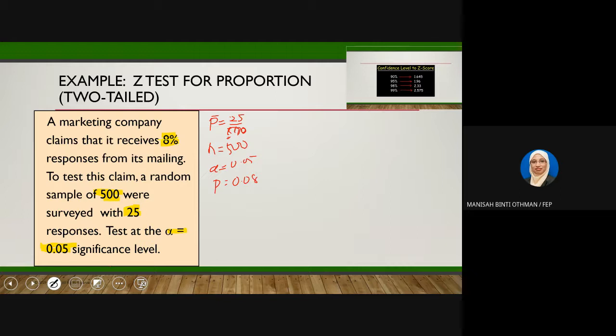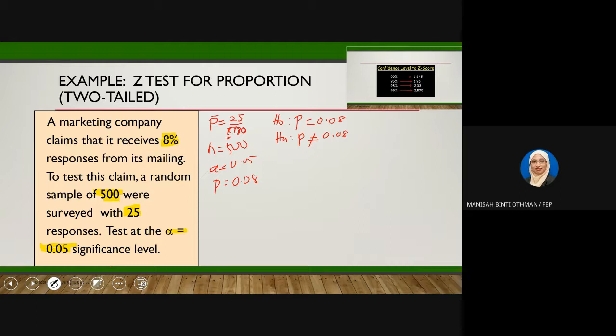Now you develop the hypotheses, H null and HA, with P in each. The statement is that a marketing company claims that it received 8%. It's not more than 8% or less than 8%, so it's equal to or not equal to 0.08.